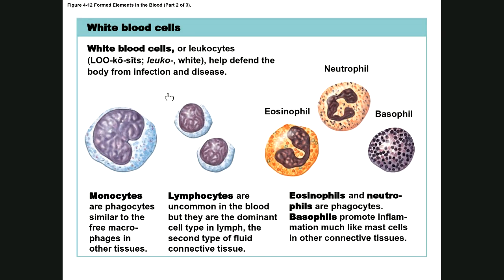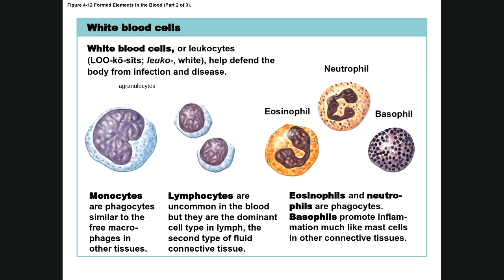White blood cells, including monocyte and lymphocyte, these cells don't have granules, so you can call them agranulocytes, whereas these have granules, so you can call these granulocytes.